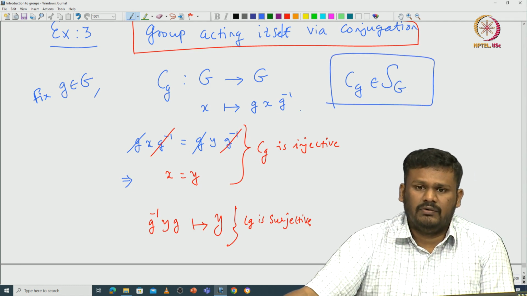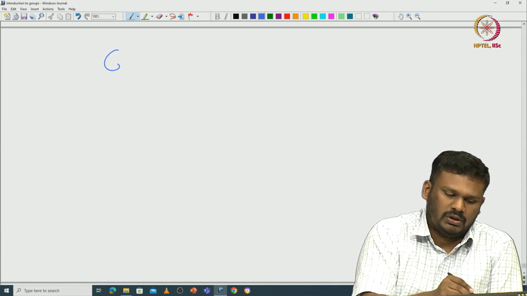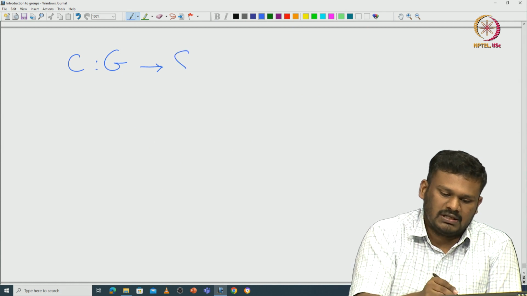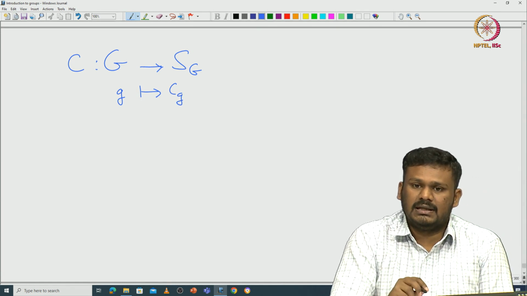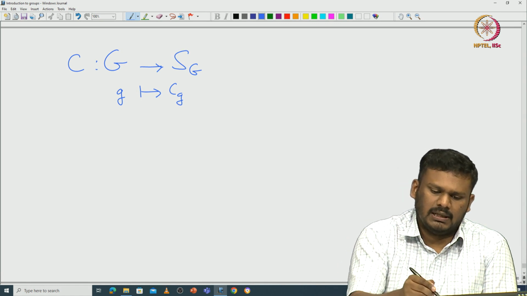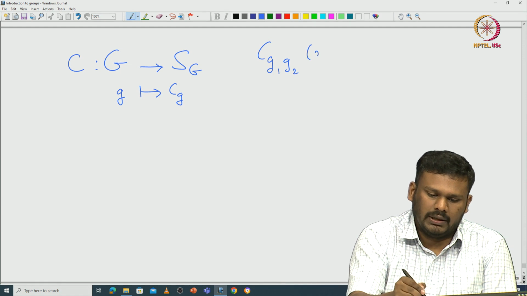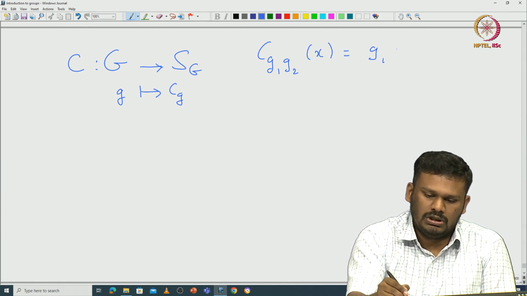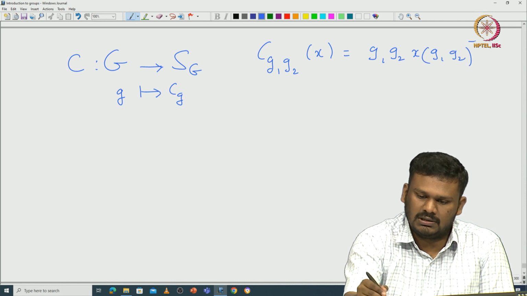Now one can use this to define this conjugation action. Define a map, let us call it C only, from G to Sg, where g goes to this Cg. We need to verify this map is indeed a group homomorphism. Let's see what it does. Cg1g2 on x is going to be g1 g2 x (g1 g2) inverse.